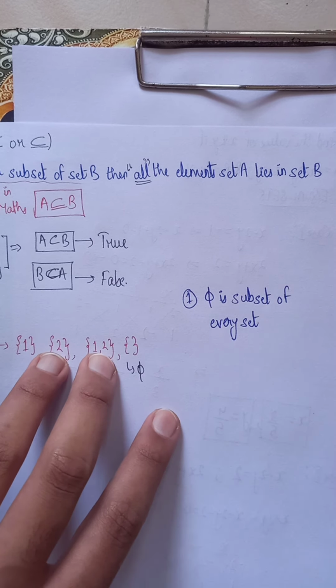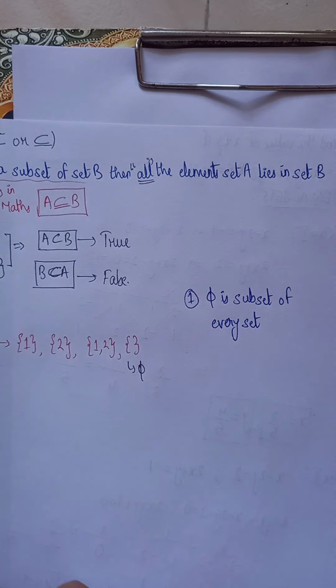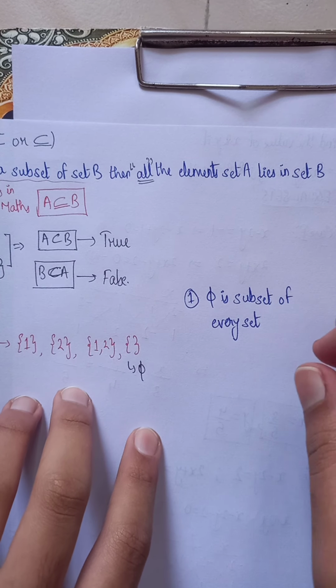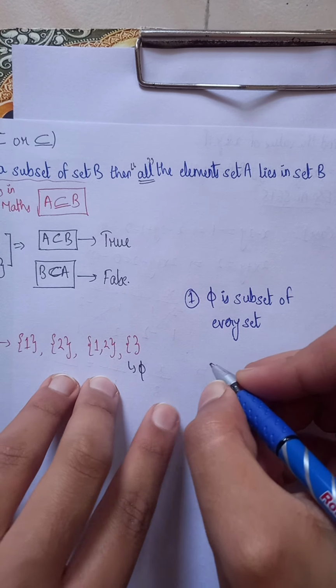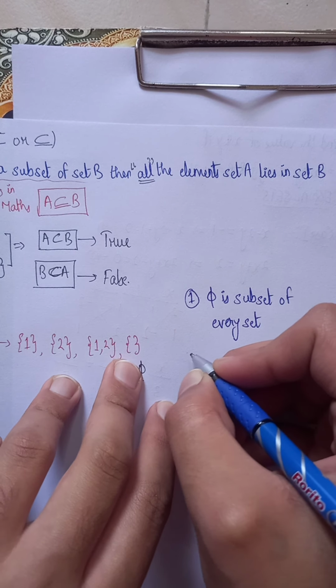And if you ask how phi is a subset of every set, then I would like to remind you, my friend, that you are going in a wrong direction. You don't need to research all that. All the great mathematicians have invented this formula so that we can use it easily. So it's not our work to do the research.